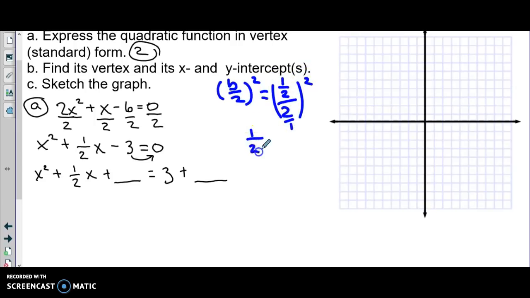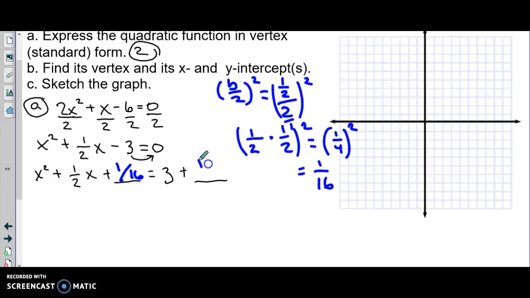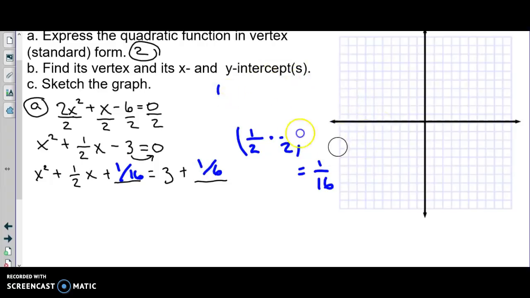I get a half times 1 over 2, and this entire quantity is squared. Well, a half times a half gives me a fourth. A fourth squared gives me 1 over 16. So that means I get 1 over 16 as my new c value.